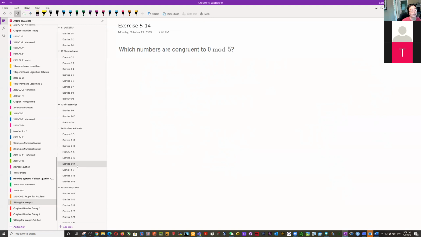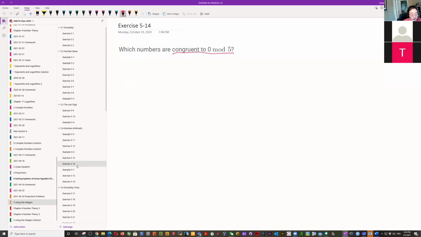Yeah. So this one is an easy exercise. Which numbers are congruent to 0 mod 5? You can do this according to the definition of congruency in modular math.